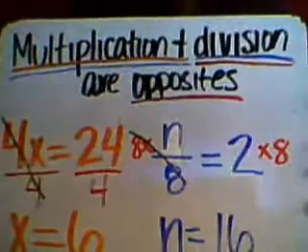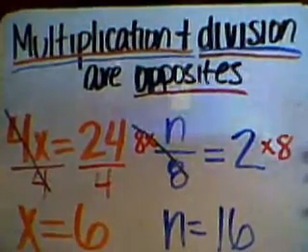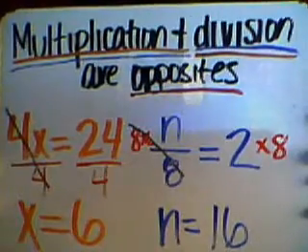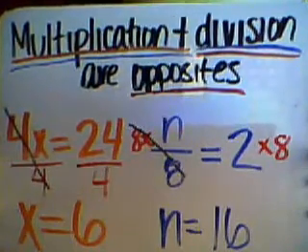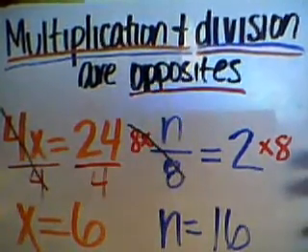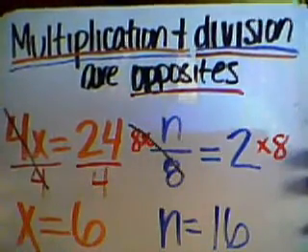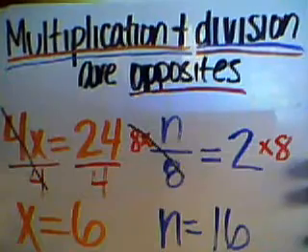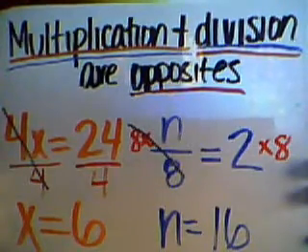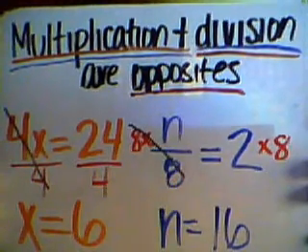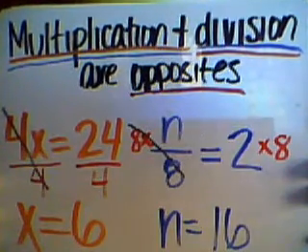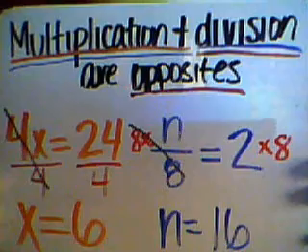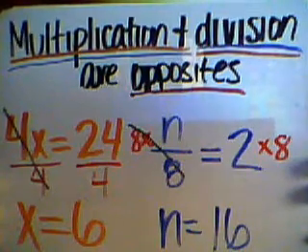And so, just as well, I wanted to show you that multiplication and division are also opposites. So if the 4 is being multiplied by x to give me 24, then I have to divide by 4 in order to get x by itself. Now this is the identity property of multiplication. The identity property of multiplication says anything that is multiplied or divided by itself will give you 1.